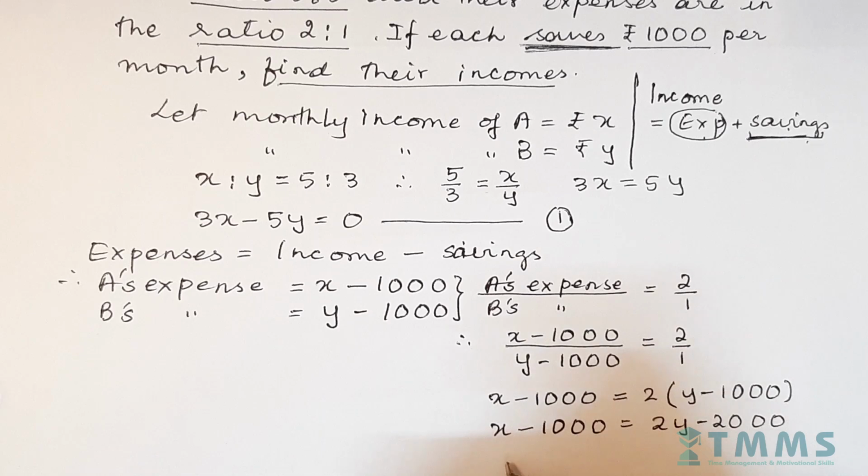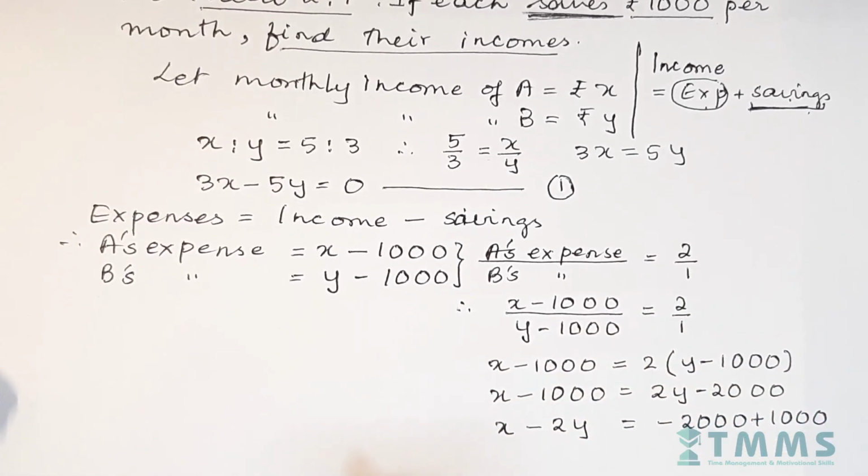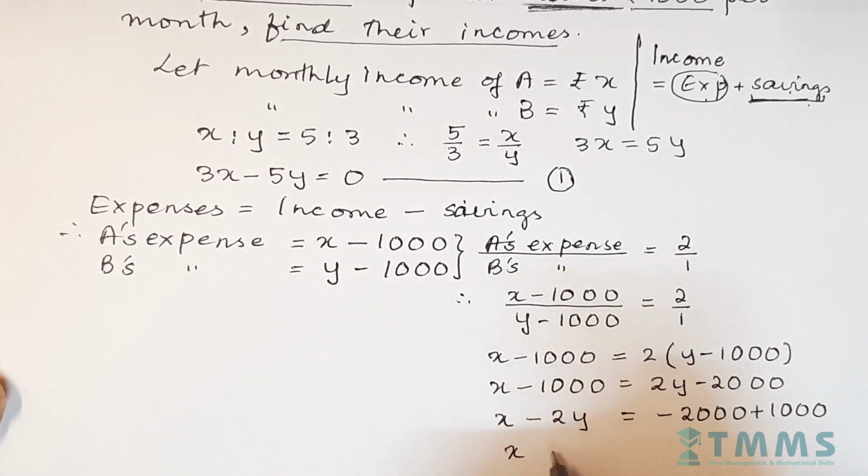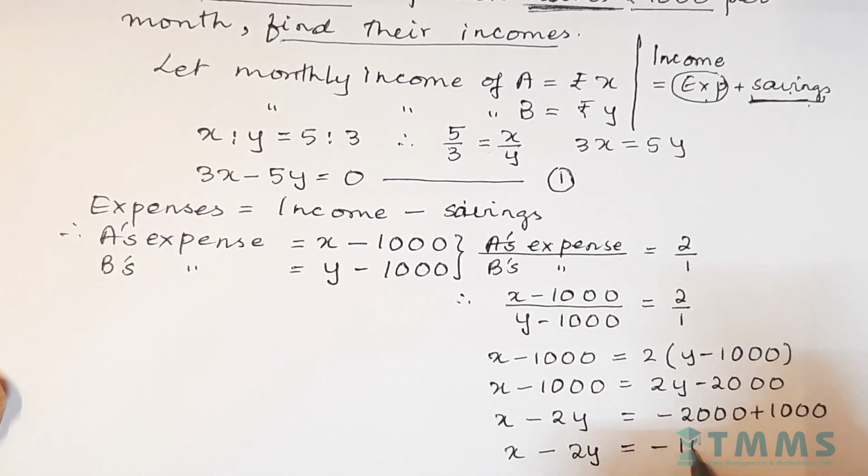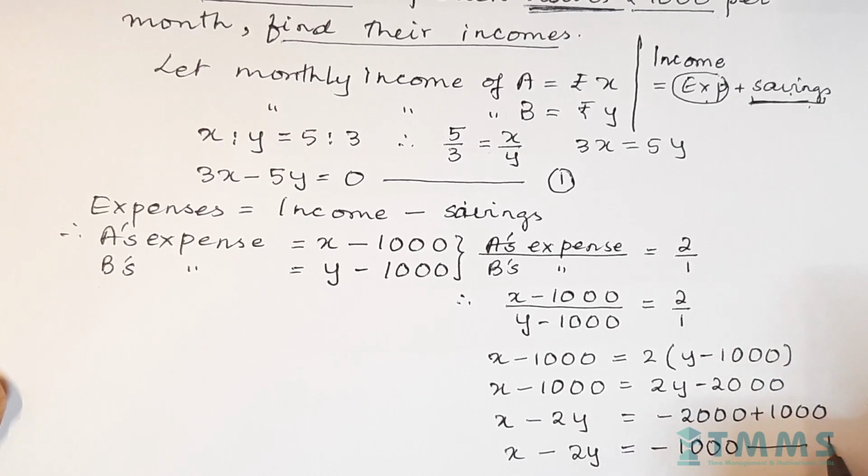So let us have X minus 2Y will be equal to minus 2000 plus 1000, and so we will have X minus 2Y is equal to minus 1000, and that is our equation 2.